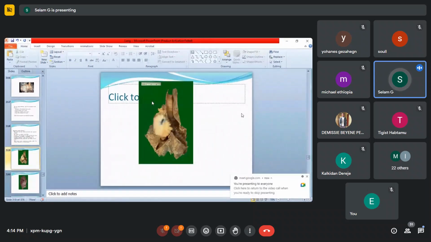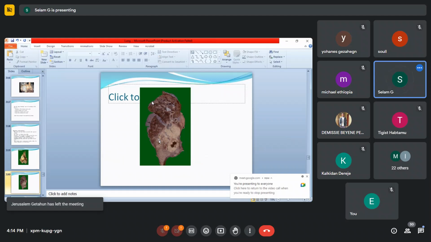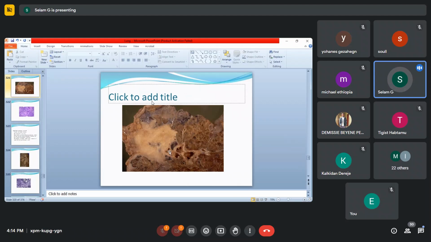So you see this proximal, just at the bifurcation of the bronchi, you see this solid, dense, irregularly bordered, infiltrative margin of tumor. You see this is a bronchial lining, and you see this infiltrative whitish tan mass enveloping the majority of the lung.